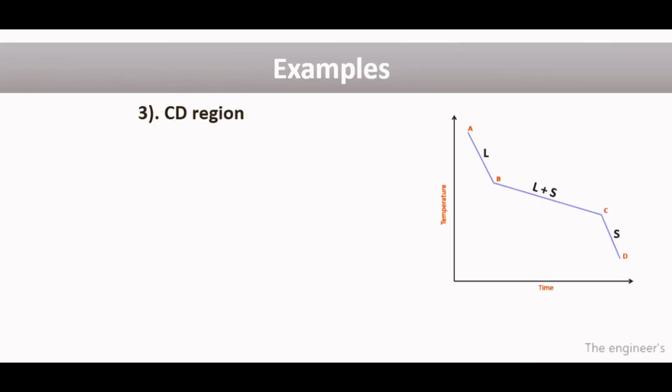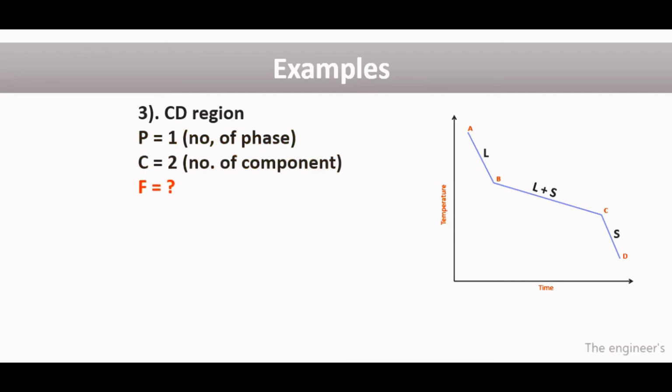Now let's find out the degree of freedom for CD region. Tell me how many phases do we have at CD region? Obviously there is only solid material present, so number of phases is 1, that is P is equal to 1. Now tell me how many components do we have in CD region? Obviously we have two components. At C and D there is slight change in microstructure of material, that's why we have two components.